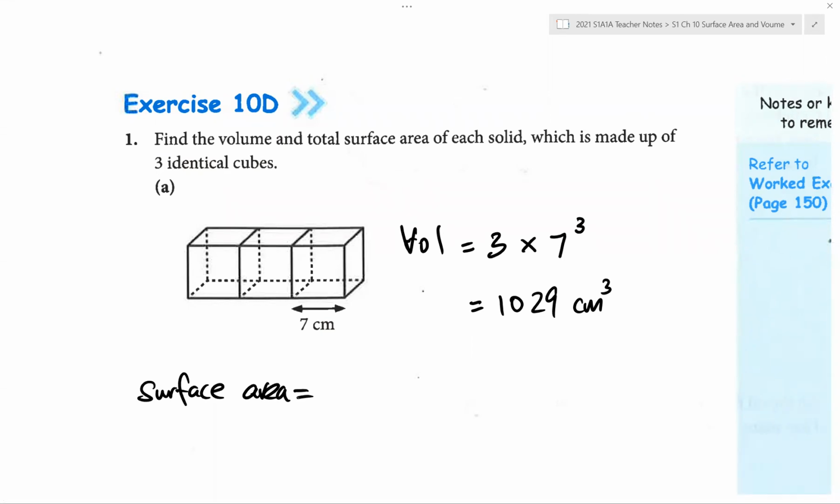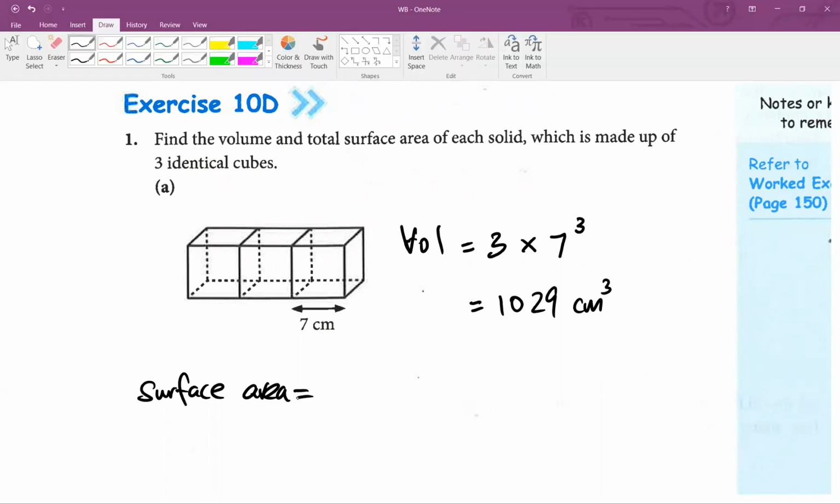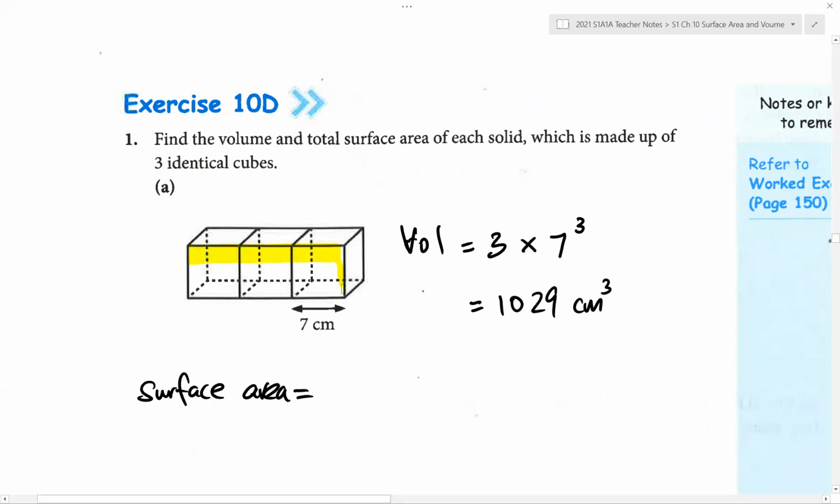I will now highlight the first side, the one that is closest to you. This one you can touch, right in front. It's made of 3 squares. Now this yellow highlighted part is the same as the one behind. So we've got 2 of those rectangles.